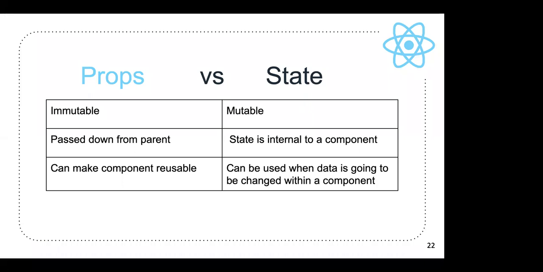Props can make components reusable, and state can be used when data is going to change within the component. As I mentioned, if we kill the application, the state goes back to the initial state. But when we are using props, you can simply reuse these properties within your whole application.